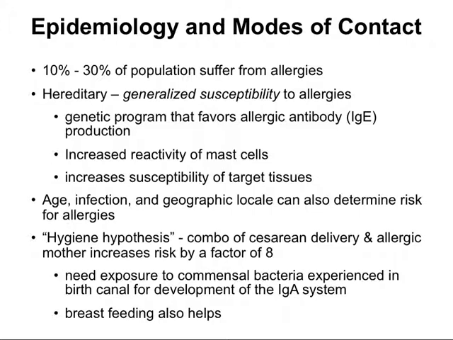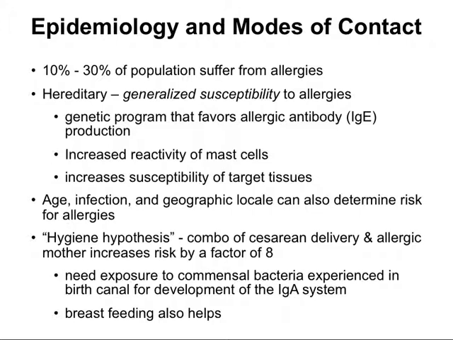There is a hypothesis called the hygiene hypothesis that shows that cesarean delivery has a high correlation with the development of allergies when the mother herself was also allergic. So having the combination of a cesarean delivery and an allergic mother increases the risk factor to 8 times that of a non-cesarean delivery.